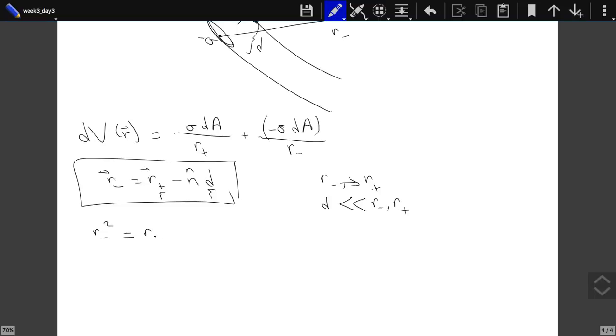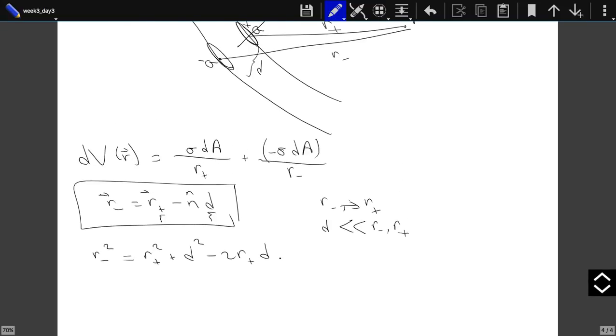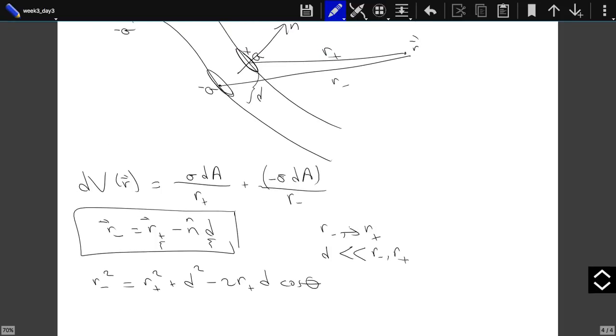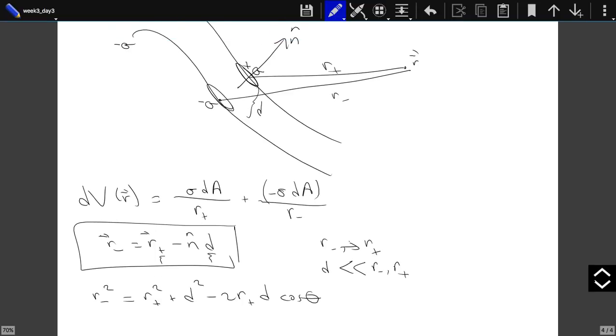R minus squared will be R plus squared plus D squared minus twice R plus D times cosine theta. We are taking the scalar product. Now cosine theta is the angle between R plus and N hat. So this is our angle theta.